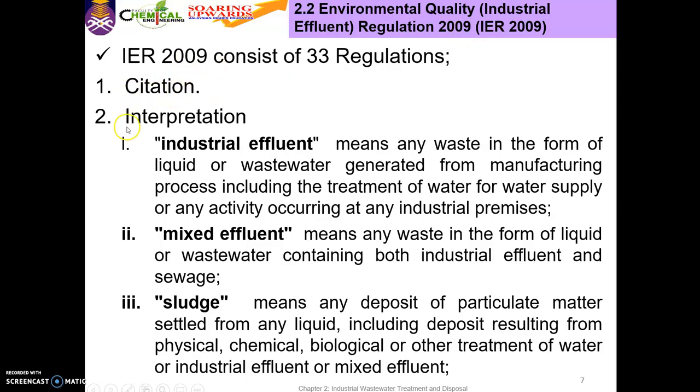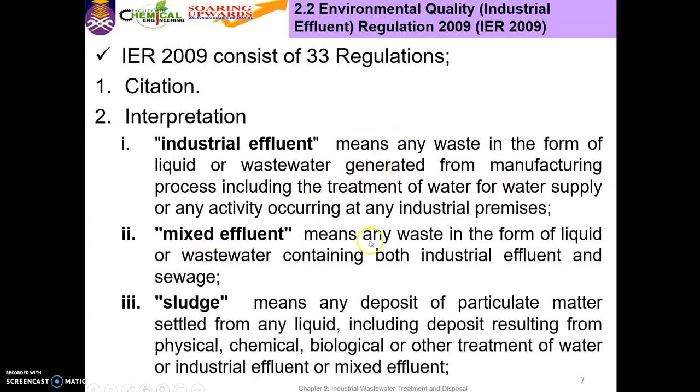Okay. And then number 2, interpretation. So under this regulation, industrial effluent refers to any waste in the form of liquid or wastewater generated from manufacturing processes, including the treatment of water for water supply or any activity occurring at any industrial premise. That is the meaning of industrial effluent, where the wastewater is generated from manufacturing process.